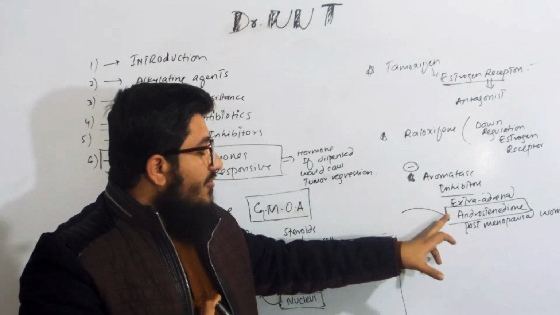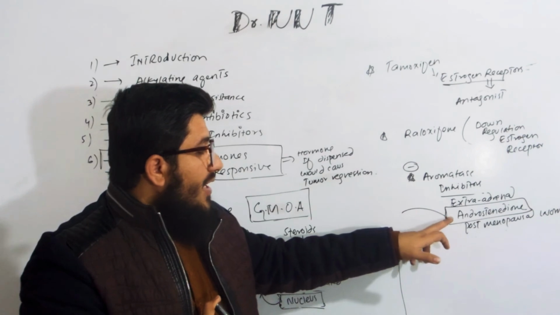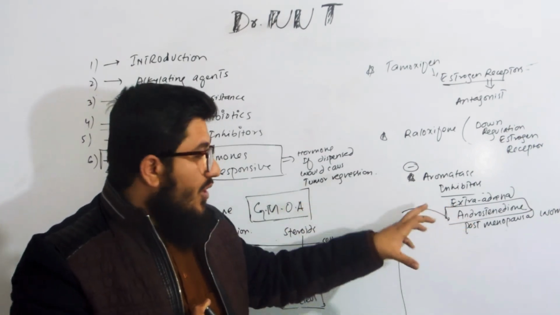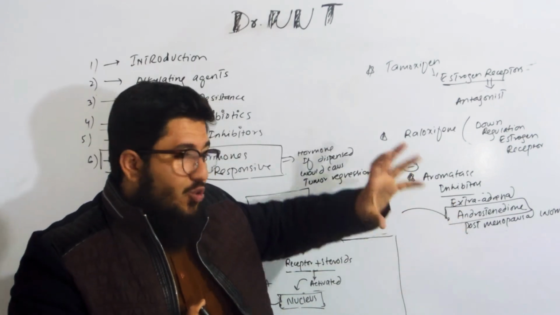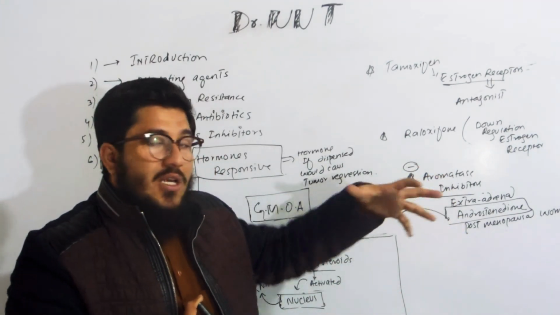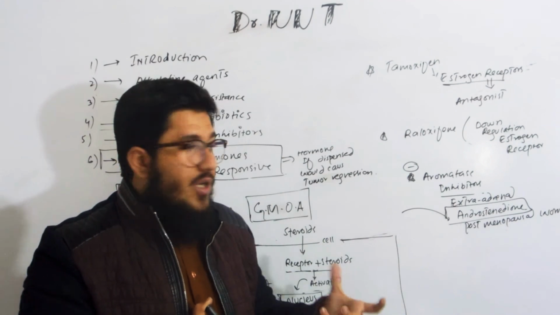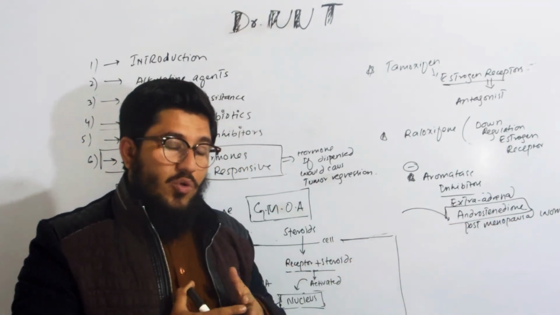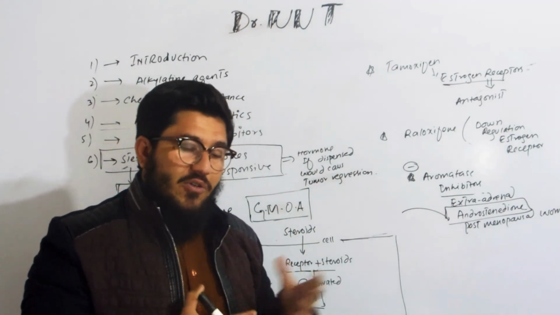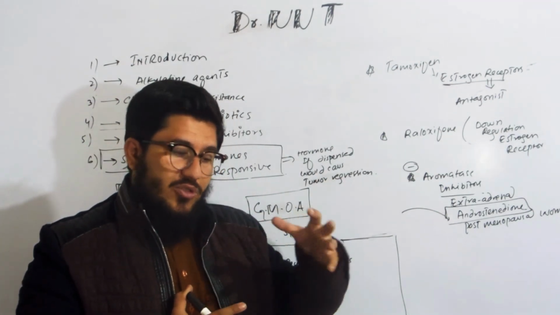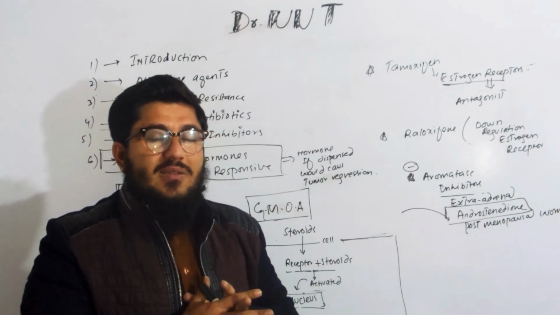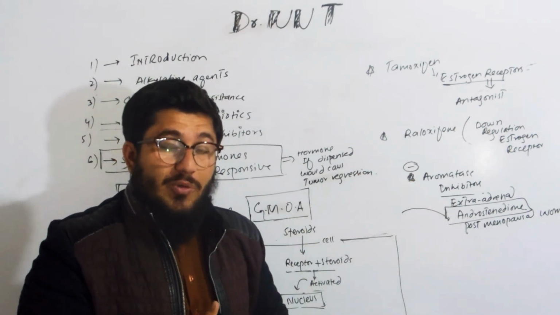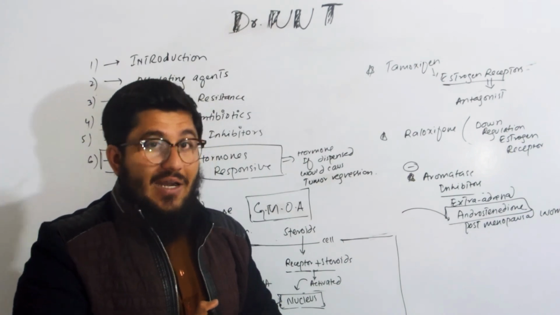Aromatase forms estrogen by converting androstenedione to estrogen. If there is no conversion of androstenedione to estrogen by aromatase, we will not have estrogen. This actually matters in post-menopausal women. Those women who have crossed the age of 40 or 50 and have undergone menopause are still susceptible to these types of tumors, because estrogen will still be formed in them extra-adrenally.